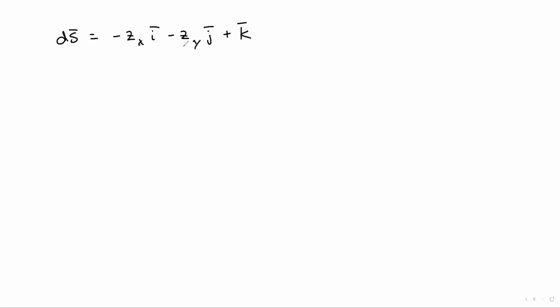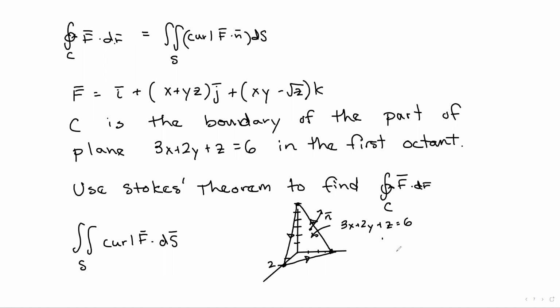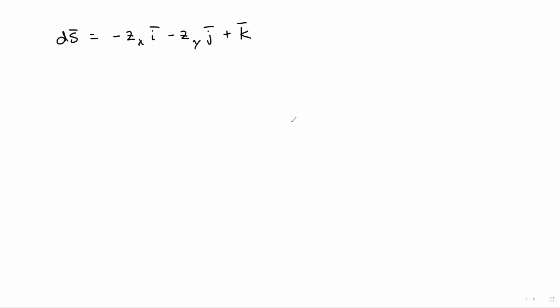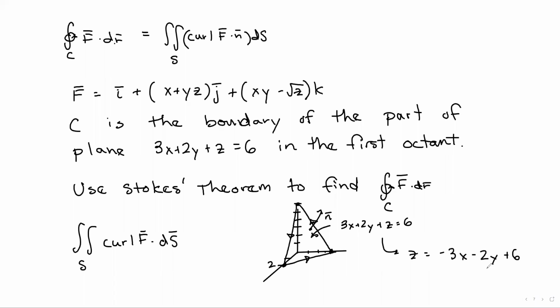To calculate this, we do need to get z by itself. So let's just do that right here. So we have z equals negative 3x minus 2y plus 6. It doesn't matter how you do it, but I'm going to do it this way. And so if we calculated z differentiated with respect to x, we would get negative 3. So dS is going to equal negative negative 3i, and then minus, and what's the partial with respect to y?